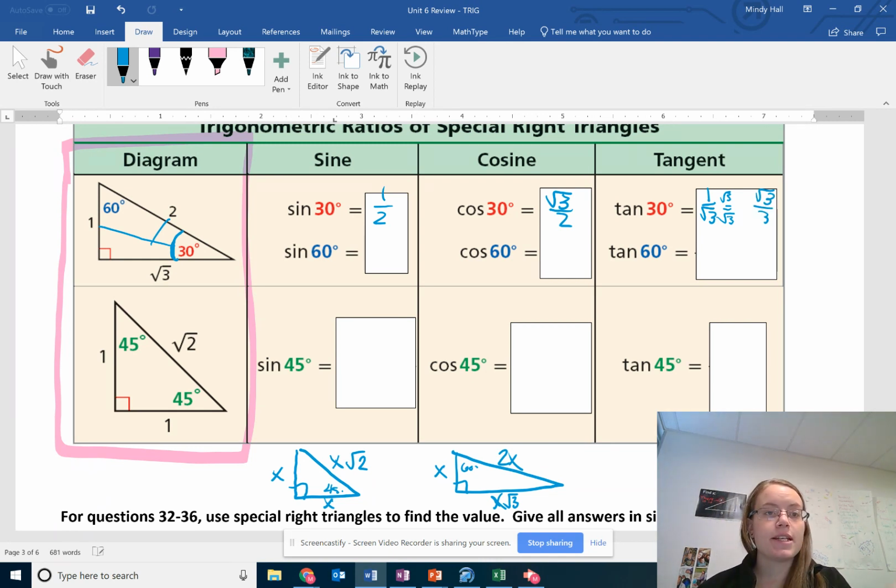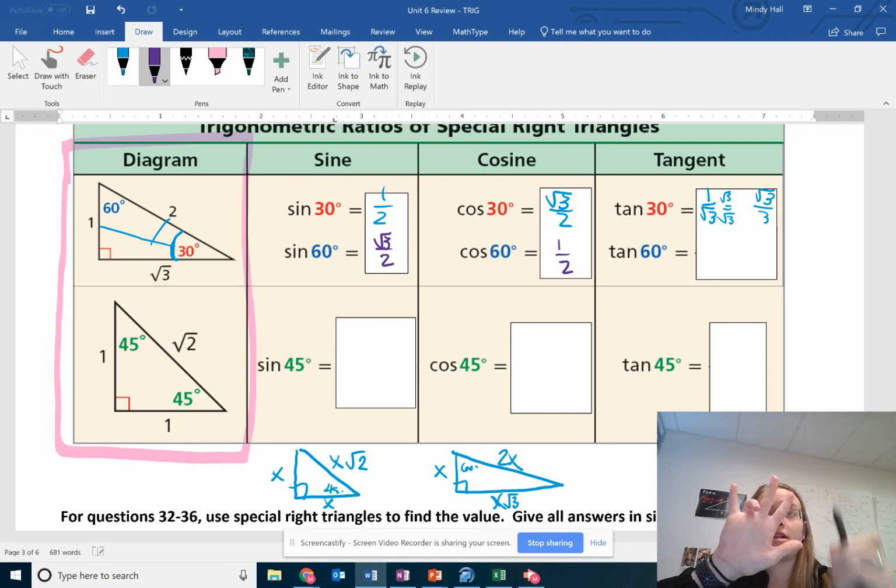So for sine of 60, remember that is your ring finger. So sine of 60 is the square root of 3 over 2, because it's all over 2. And then cosine of 60 is 1/2. And tangent is sine over cosine, so square root of 3 over 1, which is just square root 3. 45 is kind of nice because that's your middle finger, and your sine and your cosine are both square root 2 over 2.